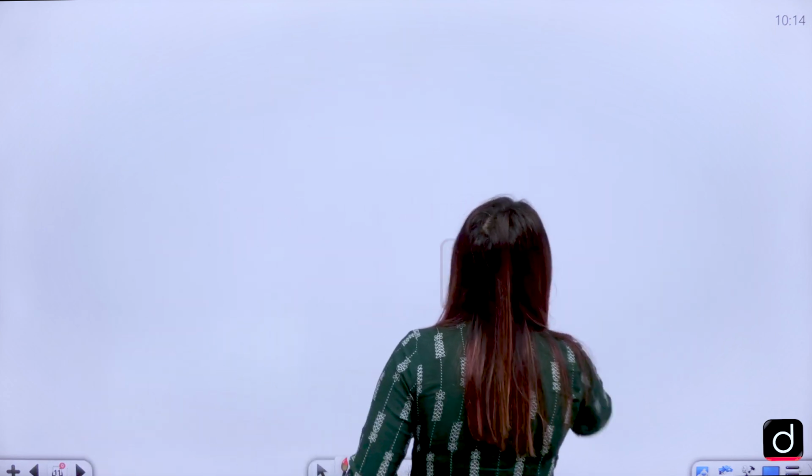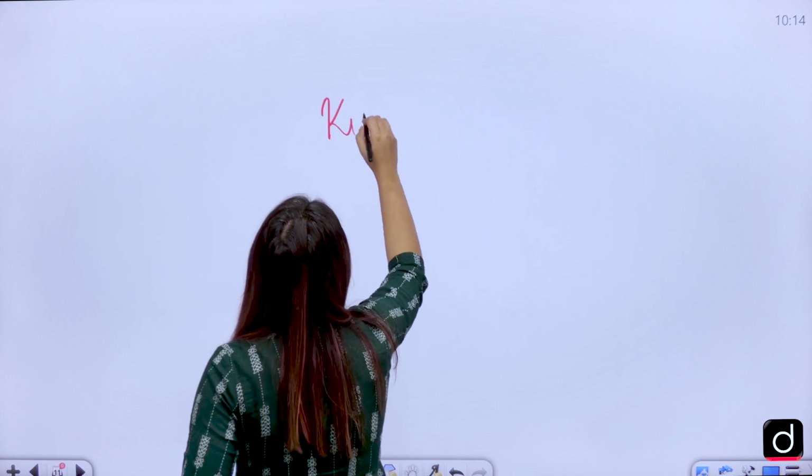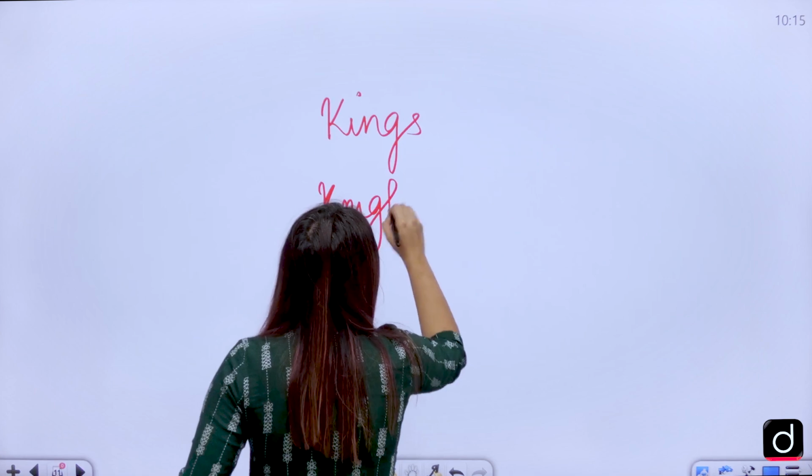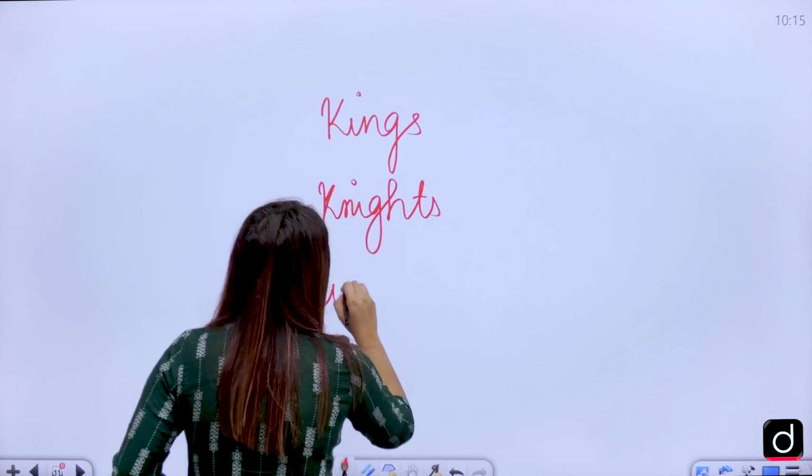For example, let's just see, there used to be kings, right? Then there used to be knights, and there used to be common people.